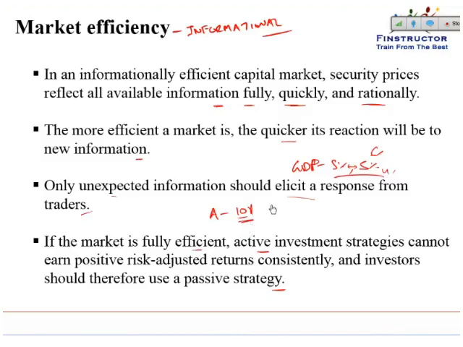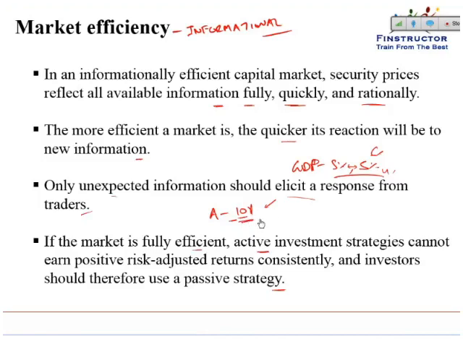So new information, when it comes, by the time you study and analyze this new information, the stock would have already reacted. So there is no way that you can outperform the market by active trading or by analysis, because all that you know is already discounted in the price. So buying and selling right now should ideally not happen because the current information is in the price.